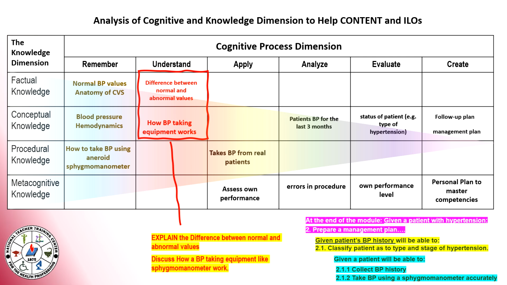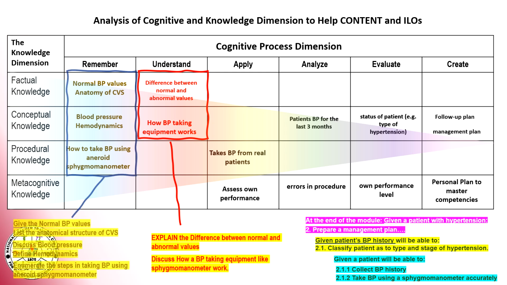And you can also formulate more outcomes by adding a verb to the understand elements that we wrote here, and then also for the remember, you just add the verb, like list the anatomical structures, discuss blood pressure, define hemodynamics, or enumerate the steps. So these are all the lower order outcomes.